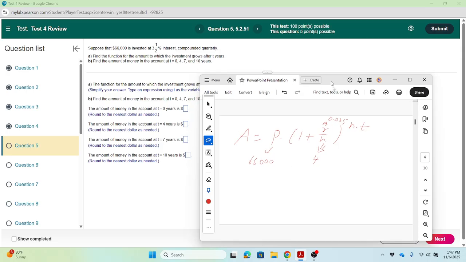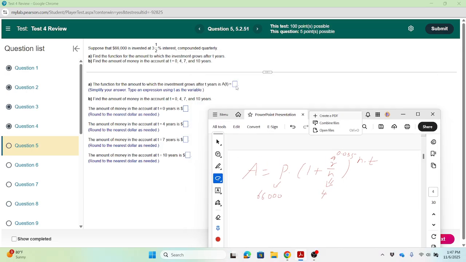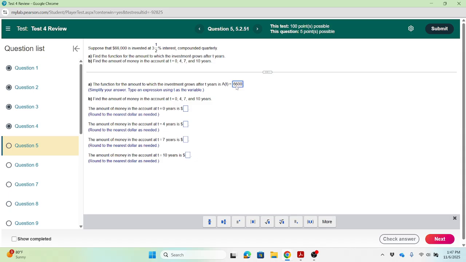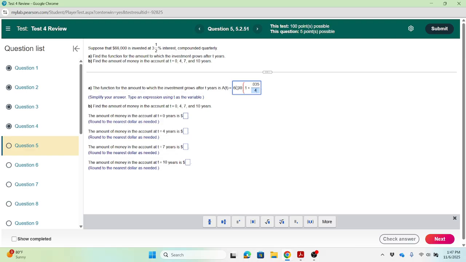So we're going to put A of t equals 66,000, and then inside the parentheses it's 1 plus 0.035 divided by 4, which you can add, and then to the power n times t. n is 4, t is t, so 4t. So that's supposed to be the function.